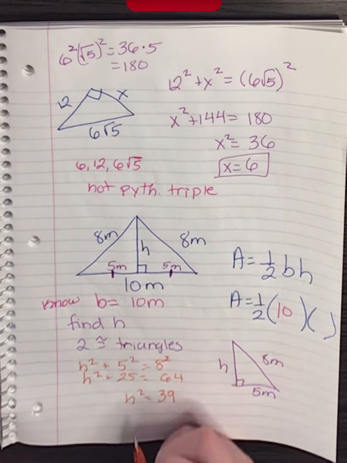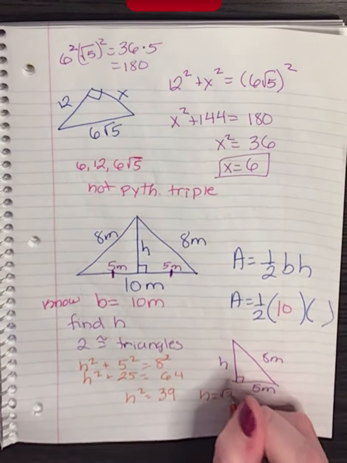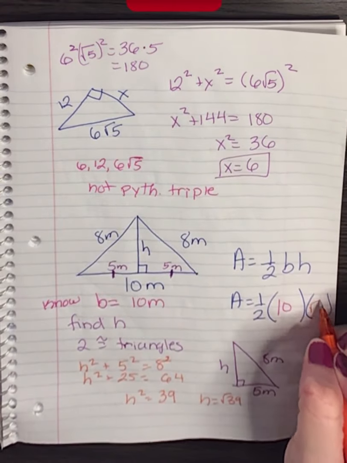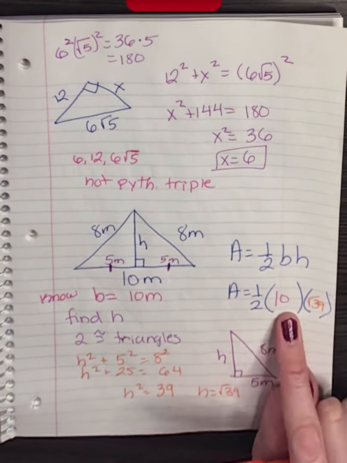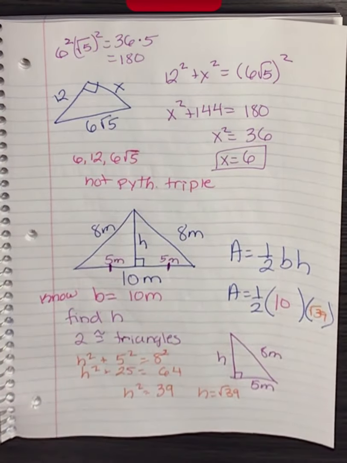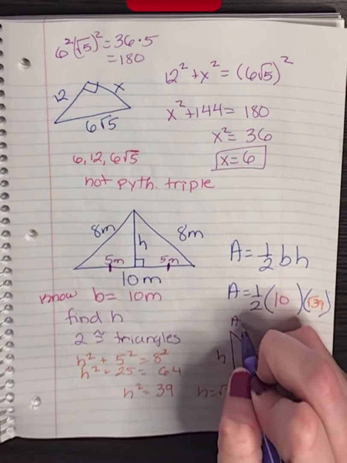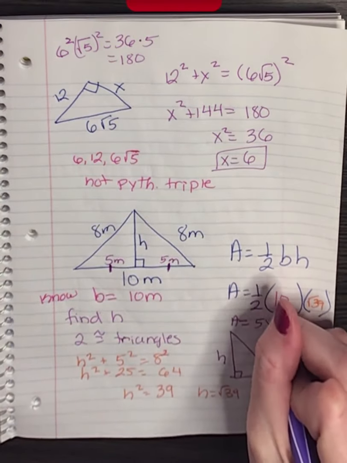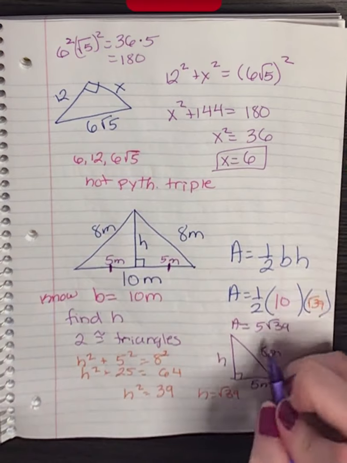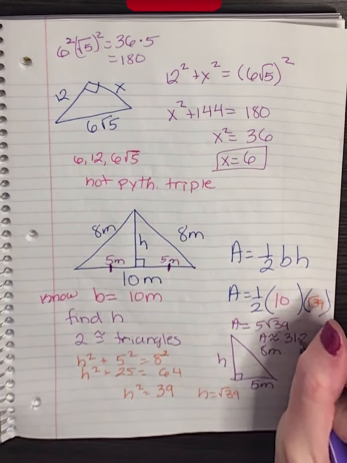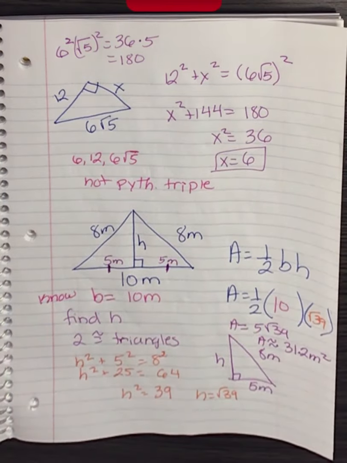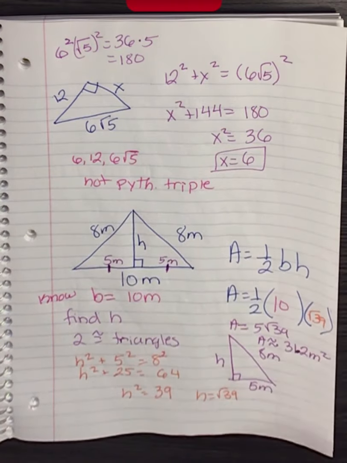And then h is the square root of 39. So we're going to put that in here. The area then is 1/2 times 10 times the square root of 39. So 1/2 times 10 is 5 times the square root of 39. You could use a calculator and you get approximately 31.2 meters squared. Take the square root of 39 first, and then multiply it by 5.